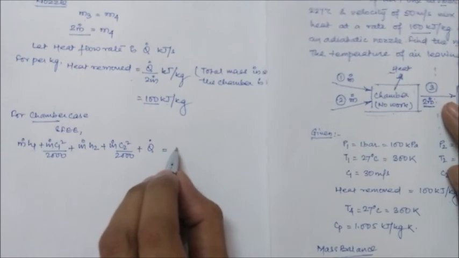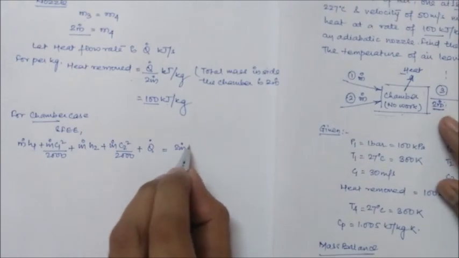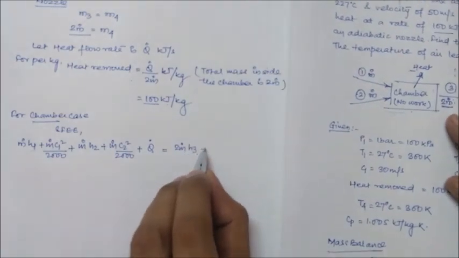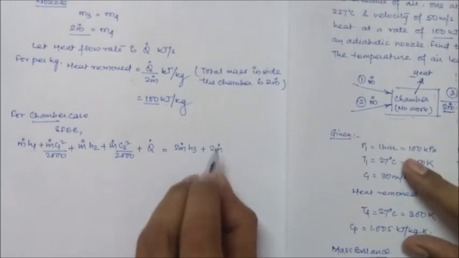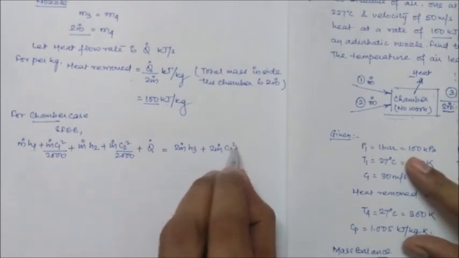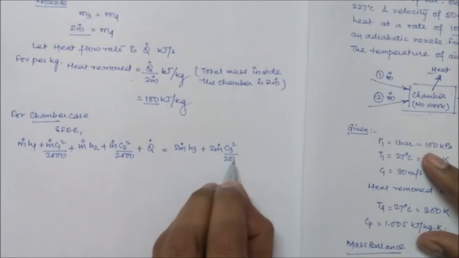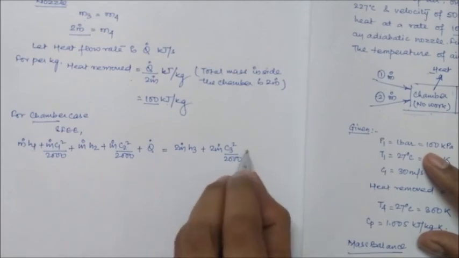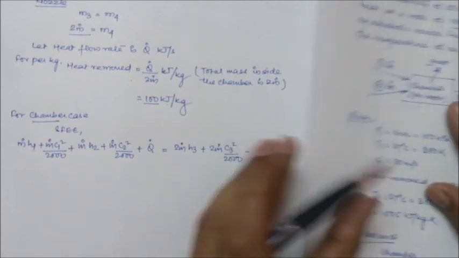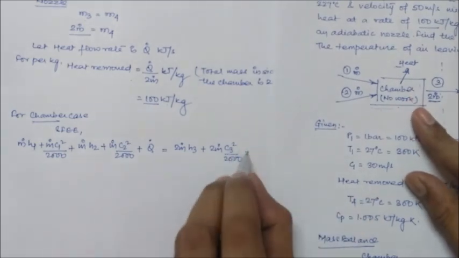So it will be 2 m dot h3 plus 2 m dot c3 square by 2000, and work done is 0 inside the chamber, so it's 0.